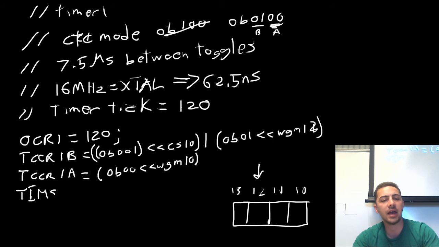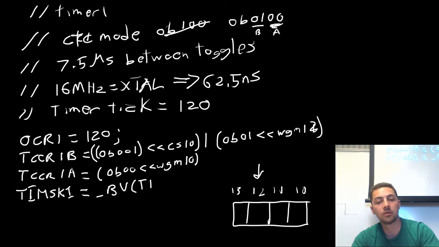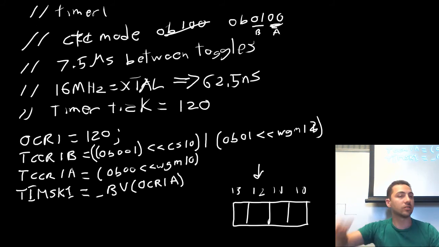So TIMSK1 equals OCR 1A, okay, because that's what's going to trigger it.